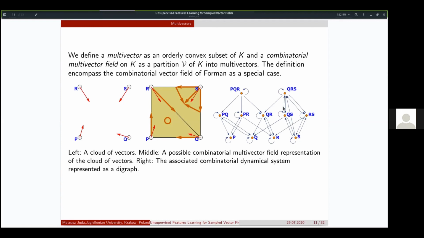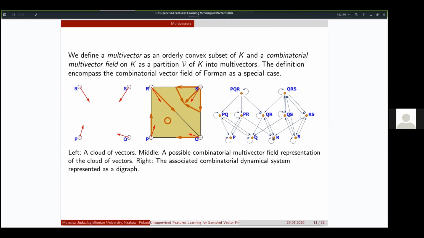And these small oscillations, the one on the right-hand side, or the one in between the vertices and the edges, give us a partition of the poset, or partition of the simplicial complex, into an object which we call a multivector.